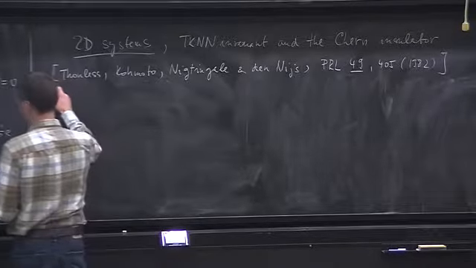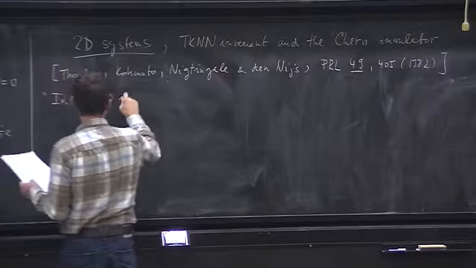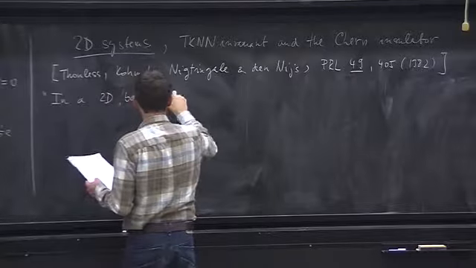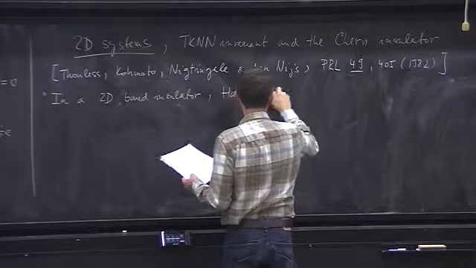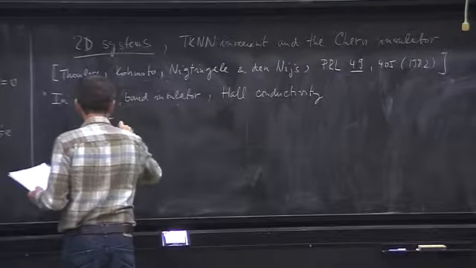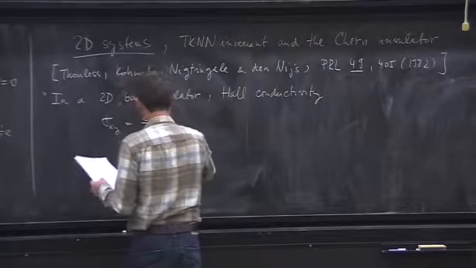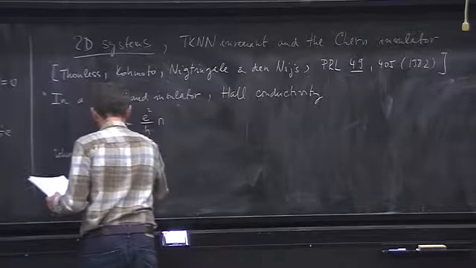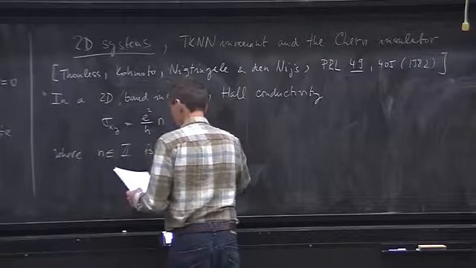They demonstrated the following fact. In a 2D band insulator, the Hall conductivity sigma xy is equal to e squared over h times N, where N is an integer and is equal to the Chern number.